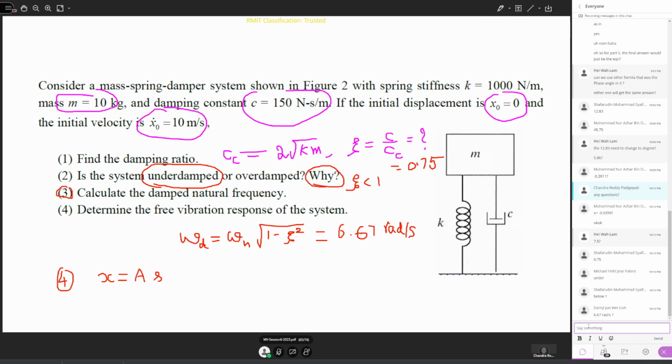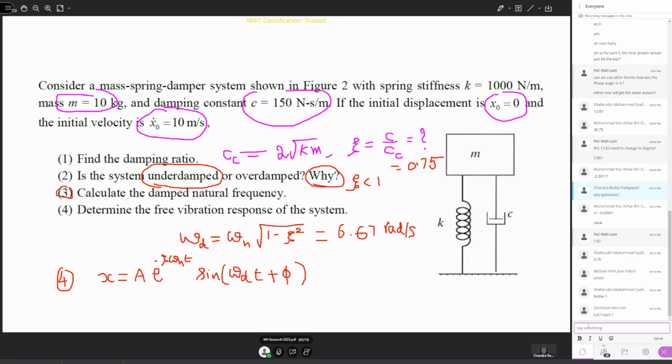Since you have the damper also, you need to write the response here as exponential power minus eta omega n t, then sine omega d t plus phi. So we take the response in this particular form.